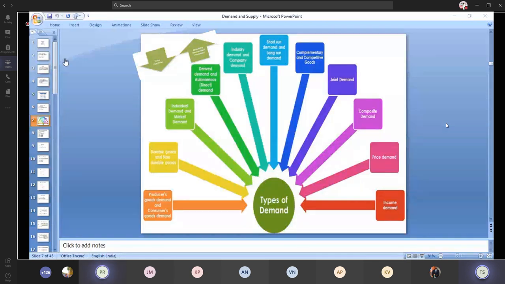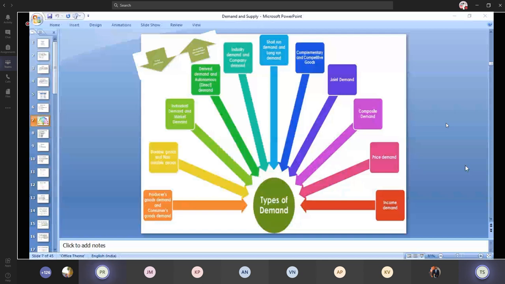Hello, yes, ma'am. Here, what is composite demand? What, ma'am? I couldn't get it. Composite demand is a single product which satisfies multiple purposes, which can be used for more than one purpose. Those kinds of commodities are called composite demand commodities, which have the composite demand.